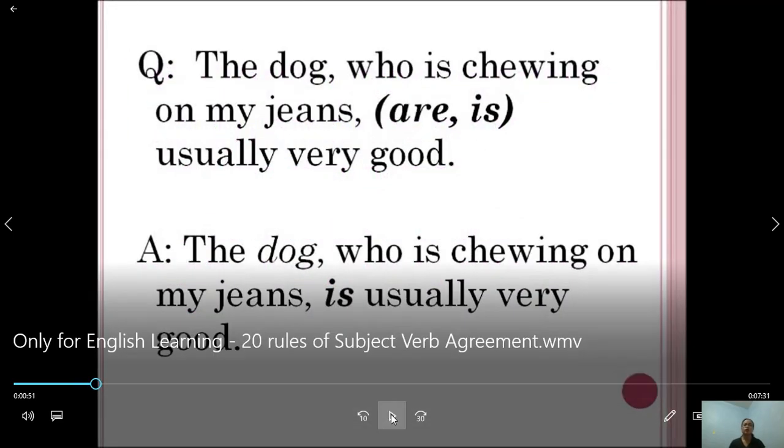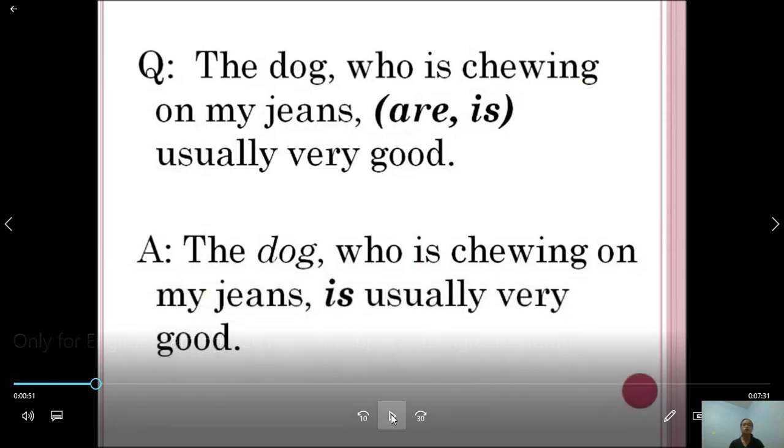So, question. The dog who is chewing on my jeans is usually very good. What do you think is the correct form of the verb? Identify first the subject. What is the subject? The dog. What are the additional words which the reader may be confused by?